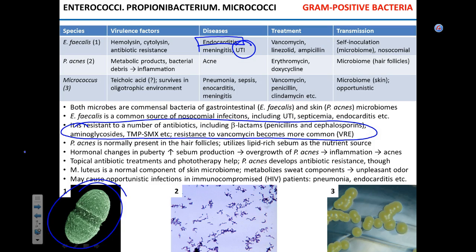Propionibacterium acnes survives in the hair follicles, and it is normally present there. You can see those quite unremarkable bacilli here. So it uses the sebum, which is rich with fat, as the major source of nutrients.